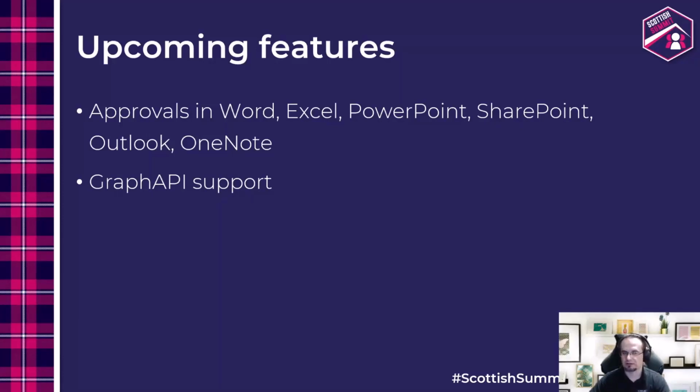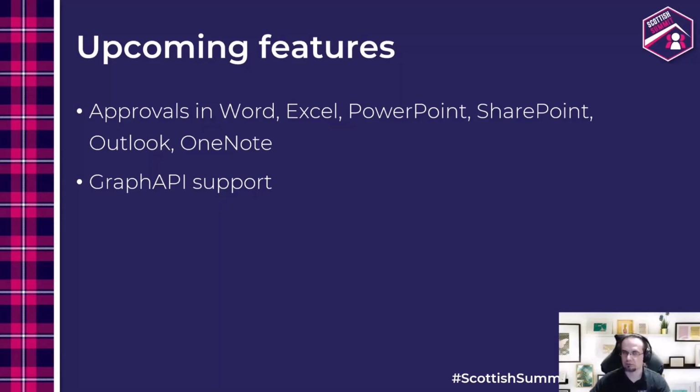Graph will get support. You will be able to talk with approvals, and it will open additional ways to communicate and create more advanced approvals. For example, communicate with an external application, completely external, using Graph API.